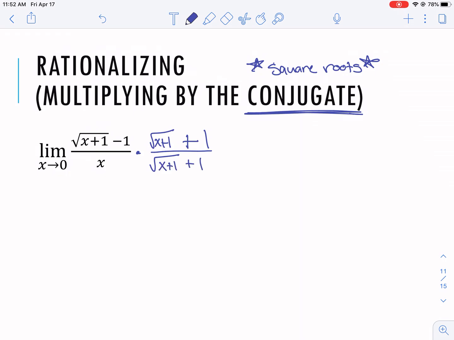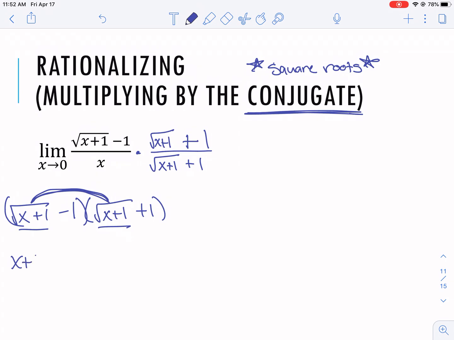So if I do the square root of x plus 1 times this, well, remember when you multiply by itself, right? A radical by itself, it just becomes x plus 1. And then this is plus the square root of x plus 1. Then now we do negative square root of x plus 1, negative 1.